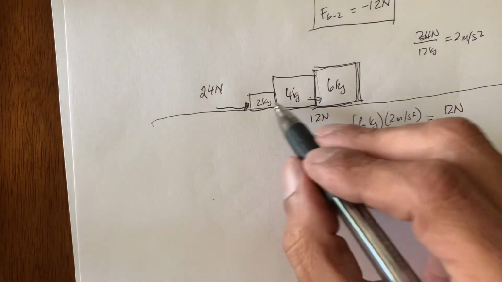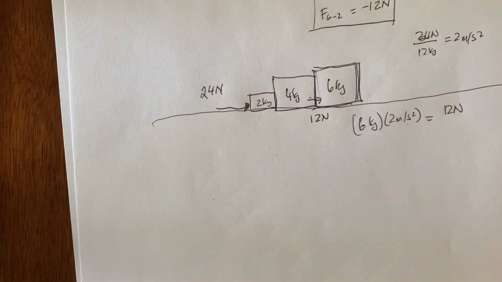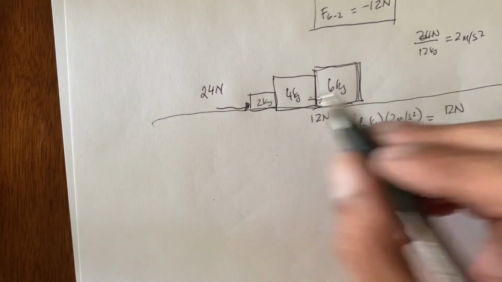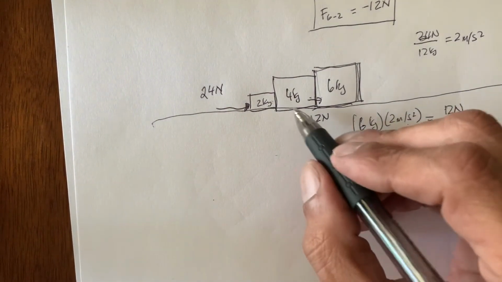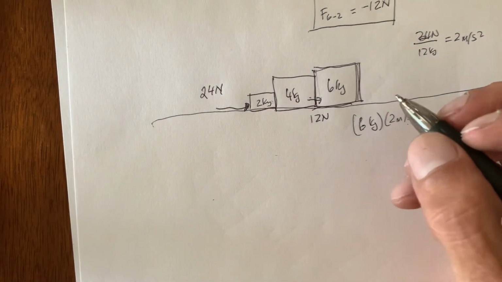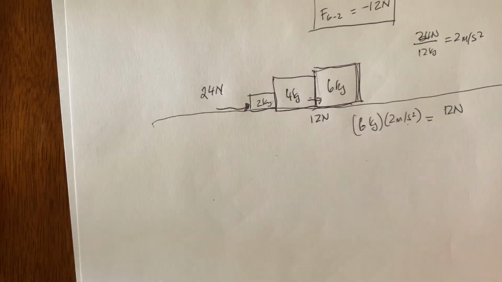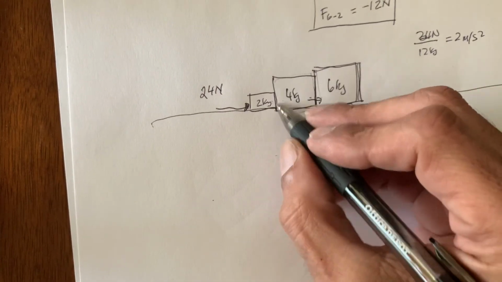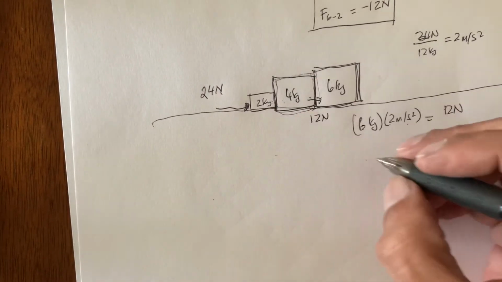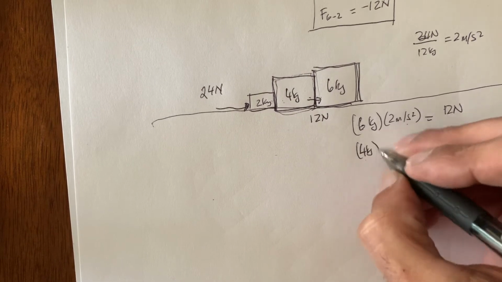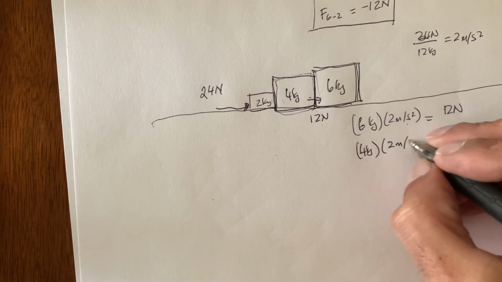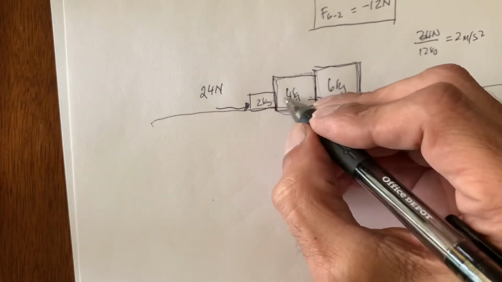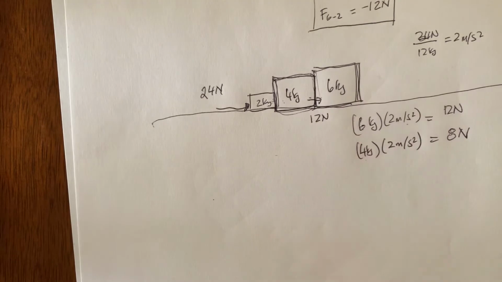If we were to ask the same question for the 4 kg box pushed by the 2 kg box, you look at this box in its entirety, and since it's moving at 2 meters per second squared, the net force on it must be 8 newtons.